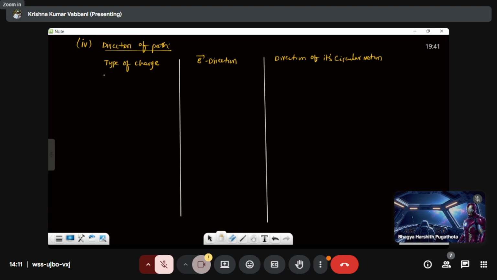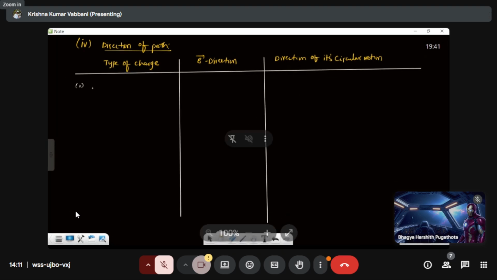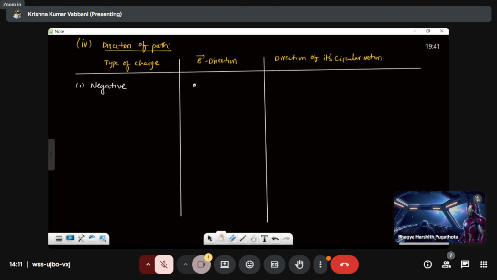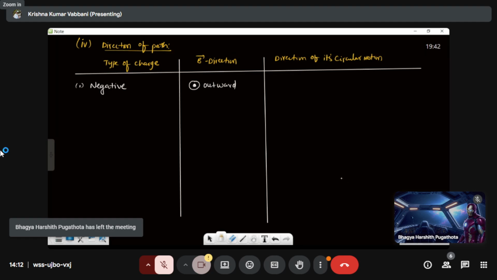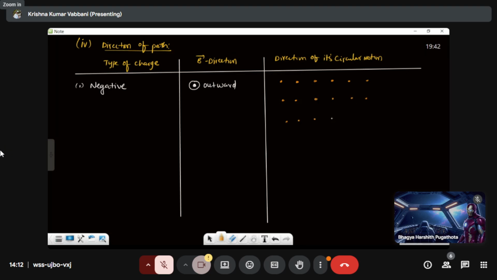The first case, if I take the negative particle and the magnetic field direction is outward, this is my field direction, outward.